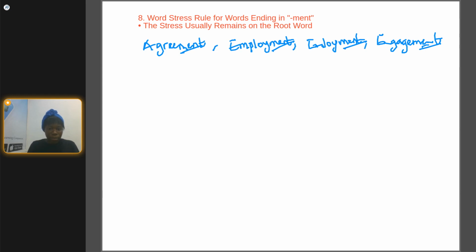Okay, so the rule: if the root word now has more than one syllable, like I was saying, the stress will stay in the same place for the root word. So what we look at now is, for instance, if the word is agree, we are not looking at agreement.